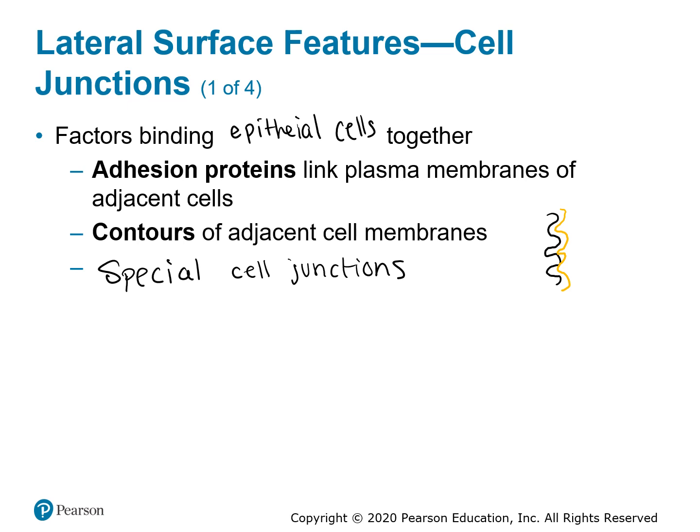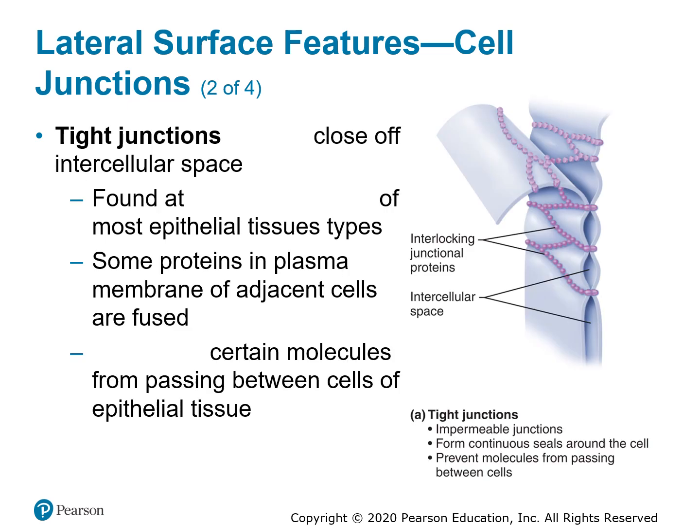As much as your cells do want to communicate with each other, send things from one side to another, mix things around, all that stuff, there's also some things that should not be passing through that plasma membrane, right? So the first cell junction that we talk about actually helps to prevent certain molecules from passing in between the cells of the epithelial tissue, okay?